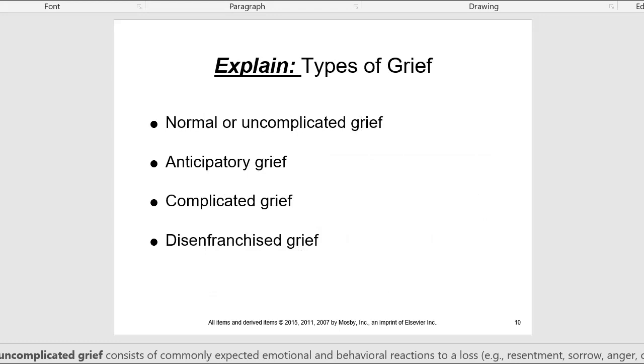We have some different types of grief, and normal, uncomplicated grief consists of commonly expected emotional and behavioral reactions to loss. Anticipatory grief is the process of letting go before an actual loss or death has occurred.